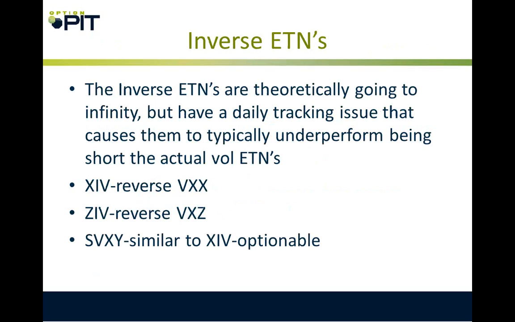ZIV is the inverse of VXZ, and it's actually very consistent and has performed pretty well. All right. Then there's SVXY, which is also similar to XIV, but it has options. XIV itself does not.